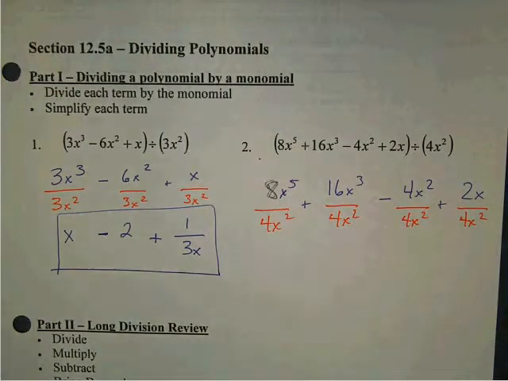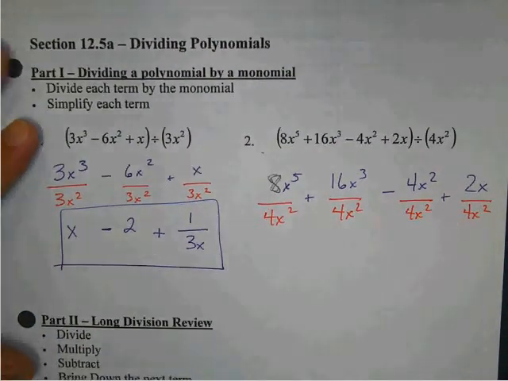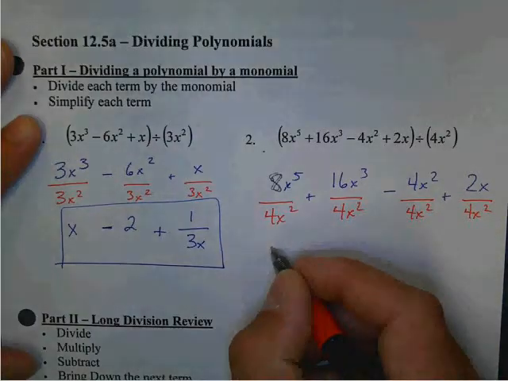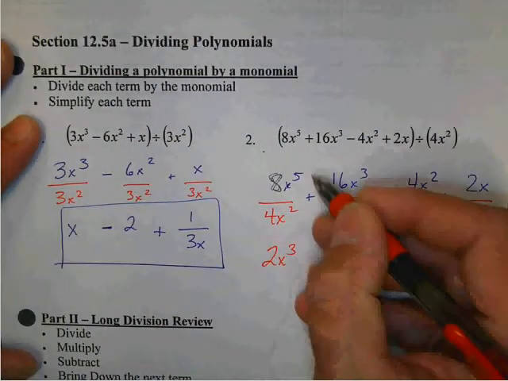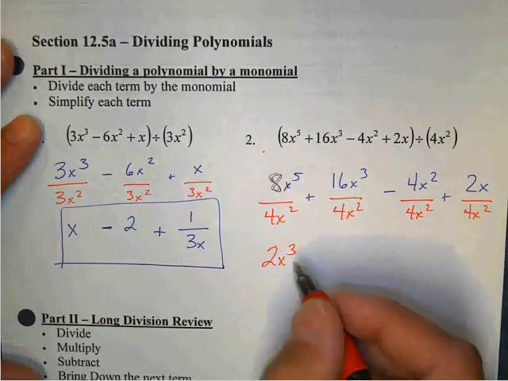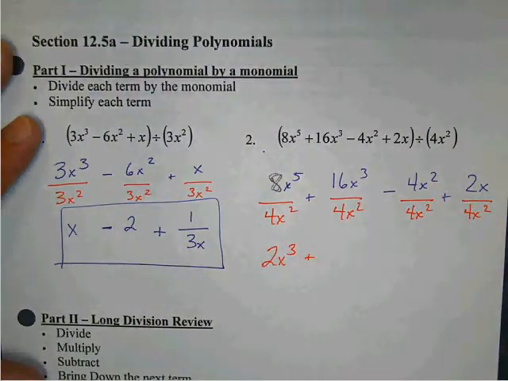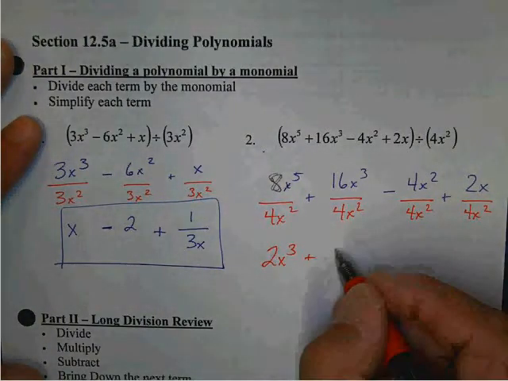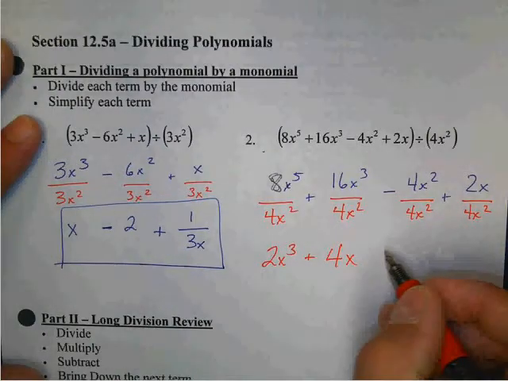Who can tell me the first one? First fraction. Kyle, go ahead. 2x to the third. Excellent. He subtracted exponents and divided the 8 and the 4. Someone else, the second one. Drew. 4x. All right. Ladies, feel free to jump in here.